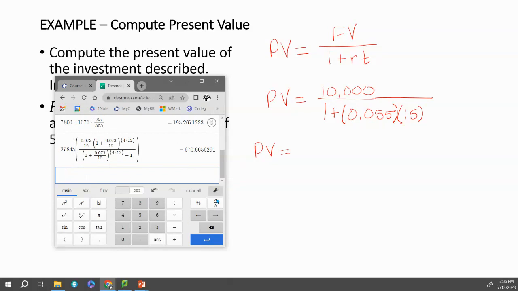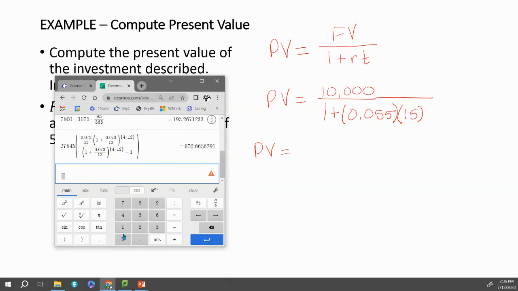So we have a fraction. $10,000 is in the numerator. And in the denominator, we have 1 plus, I'm going to open a parenthesis just to be careful, 0.055 times 15 years.